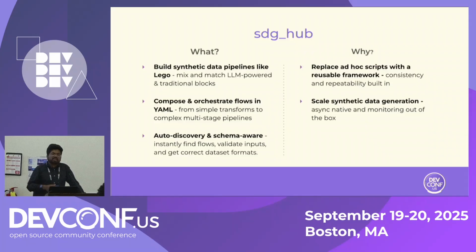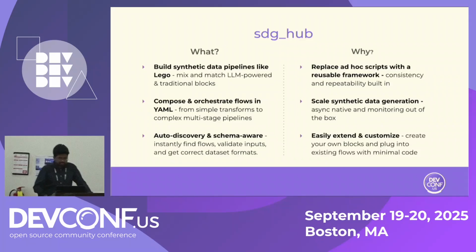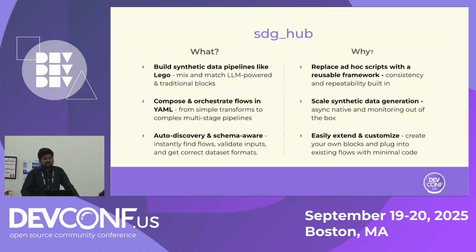So we have abstracted away the scalability from the algorithm designers. And it's easy to extend. You can take an existing algorithm, add a few new blocks, change the models, and generate your own synthetic data. So in short, we try to turn this chaos of multiple generation algorithms into one unified framework.